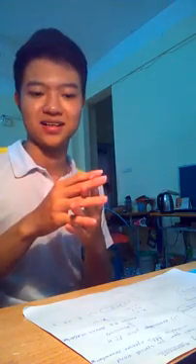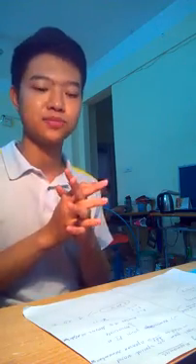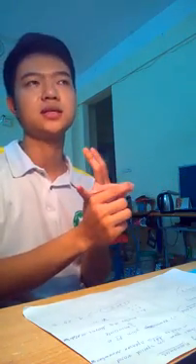So you have to remember the position of each letter in the alphabet. For example, A is 1, B is 2, and C is 3, and so on. And finally, Z is 26, right?